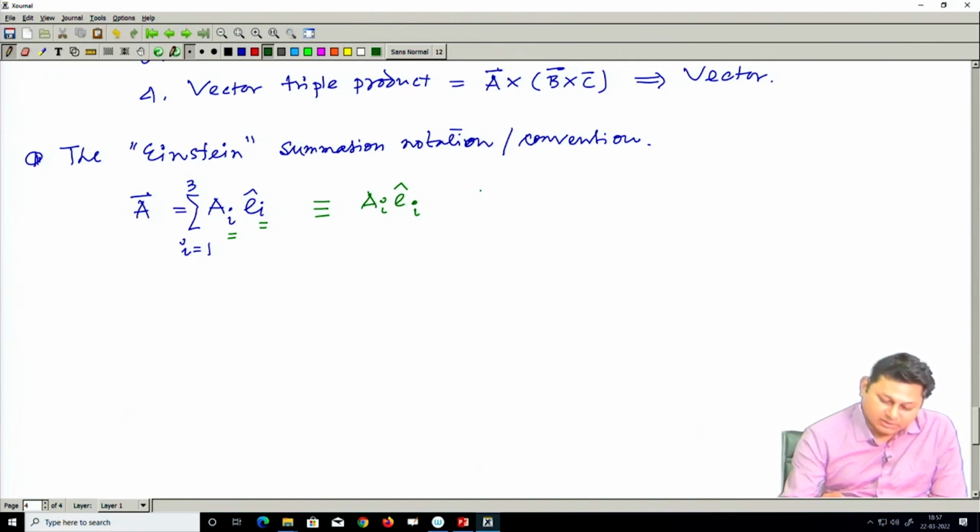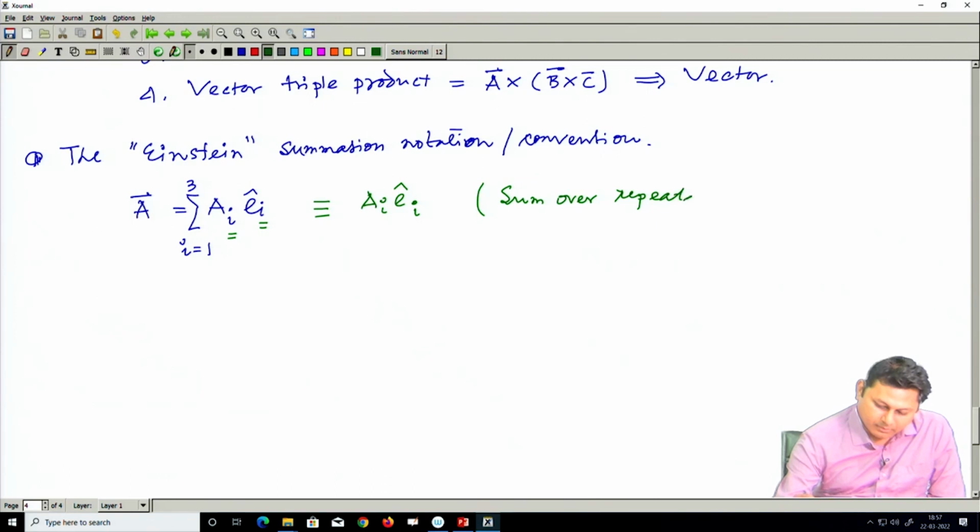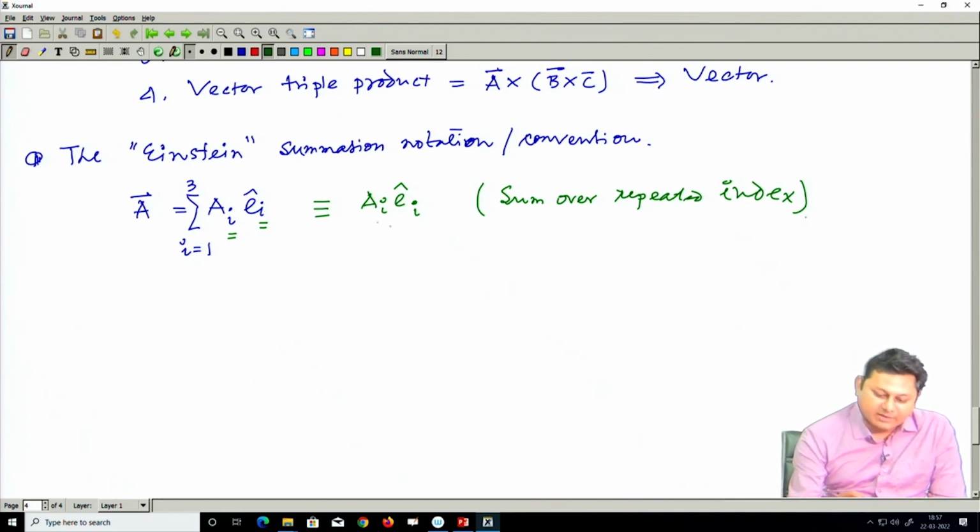So, that means it is a sum over repeated index. If I write this, that means a sum is already there, and I am just omitting this summation sign because the index is repeated.